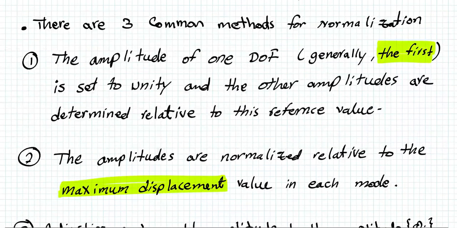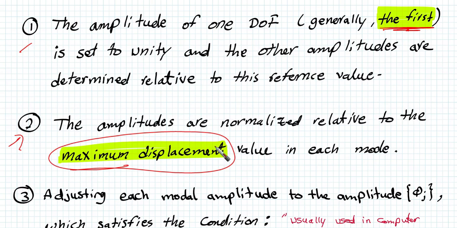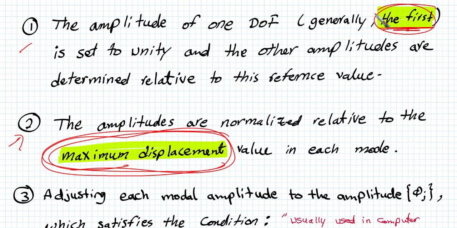The first one is related to the amplitude of the first degree of freedom. The second is going to be related to the maximum displacement. We are going to make it as 1, and then the others are going to be less than 1. Here we are going to make the first degree of freedom to be 1. Others are going to be relative to this value.